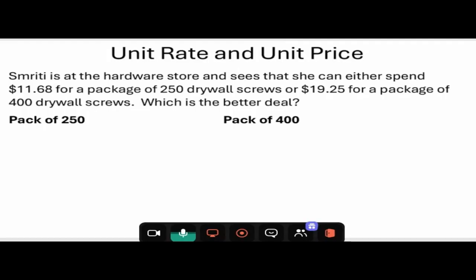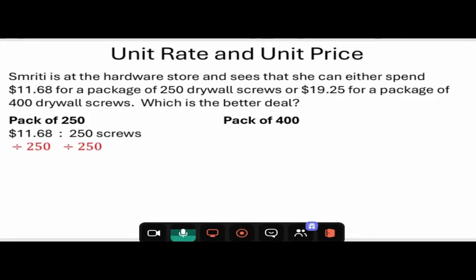The pack of 250 is $11.68 to 250 screws. I am going to force this into a unit rate, which in this case, because we're talking about money, we also usually call a unit price.